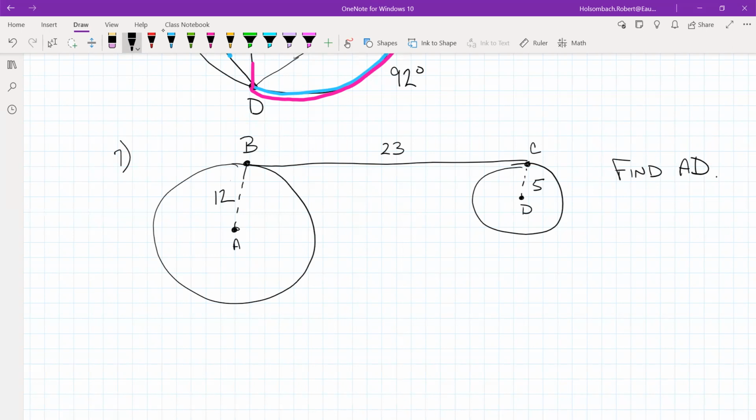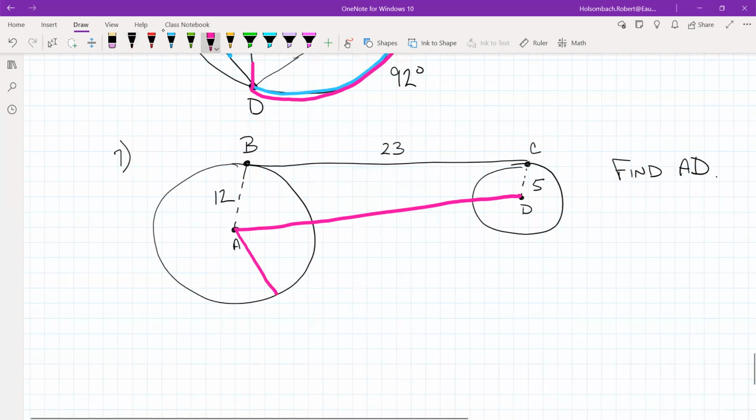Well, we're going to build AD like this. We're going to connect A and D. And then since A to B is 12, we can draw this radius in right here, and it would be 12 as well.